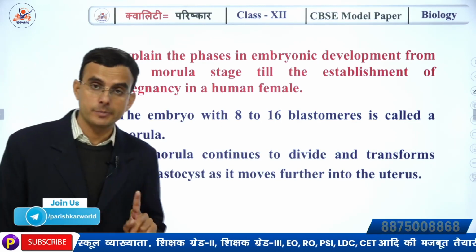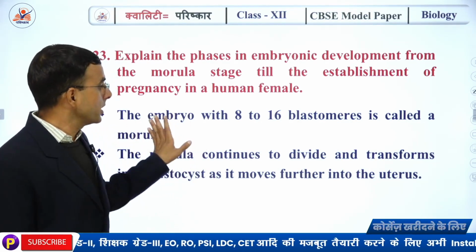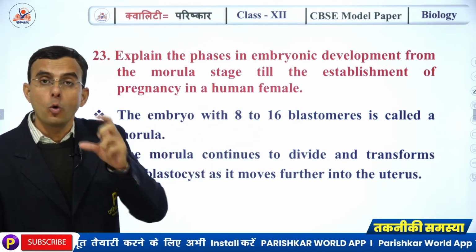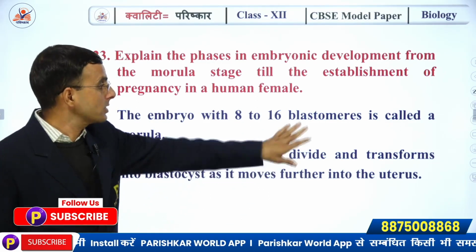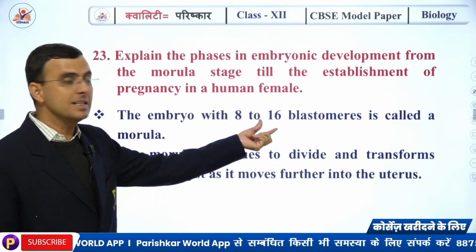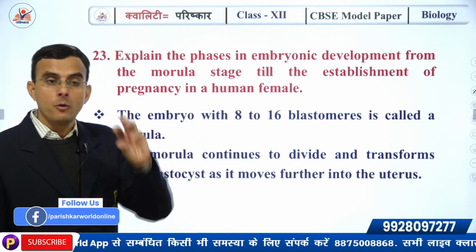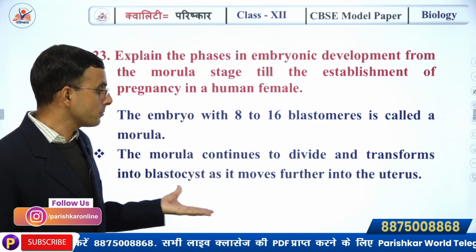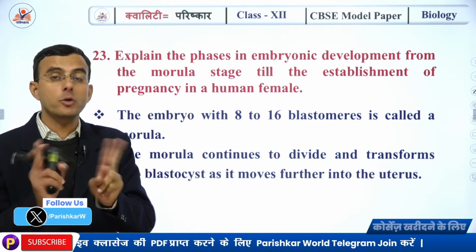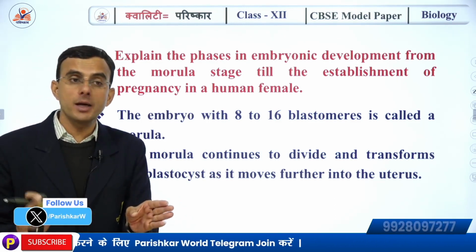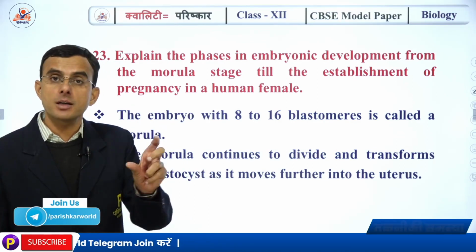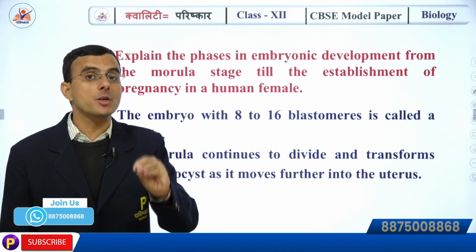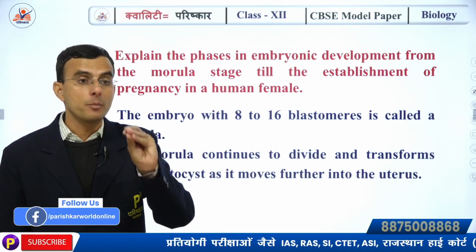First look at this. The zygote divides and is converted into a 16-celled stage, and each cell is known as a blastomere. That 16-celled stage is known as the morula. When it enters the uterus, the blastomeres are further converted into 2 layers, an outer layer and an inner layer, because the morula has to attach to the wall of the uterus for nutrition and further development.